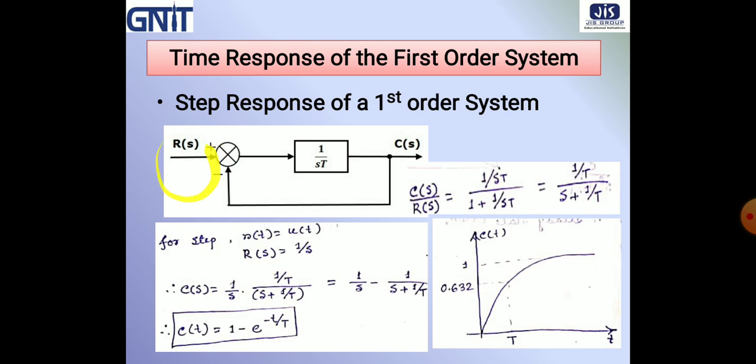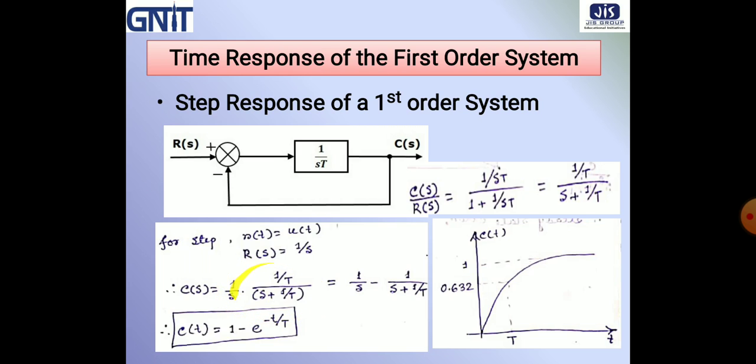Now put the value of R(s) in this particular equation, multiply R(s) in this equation, and put the value of R(s) as 1 by s, and we can get it like this.